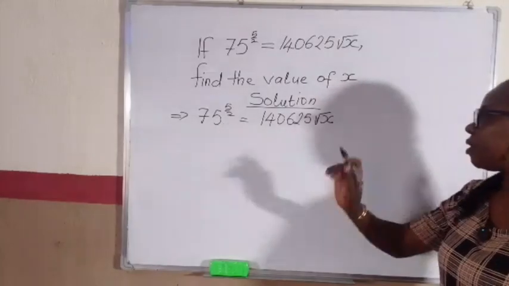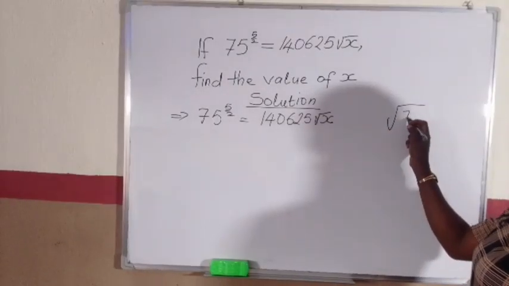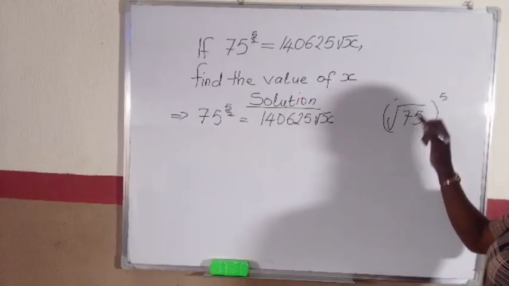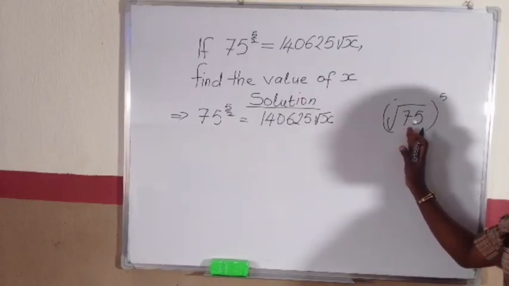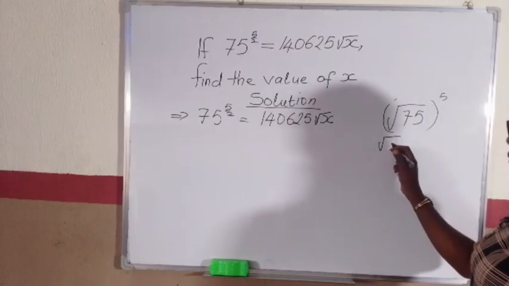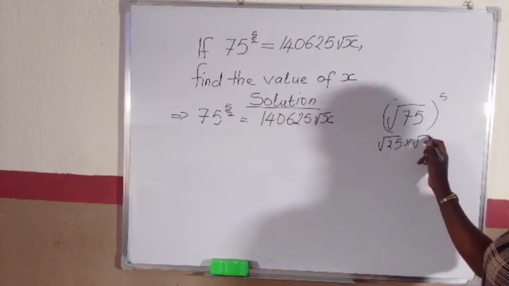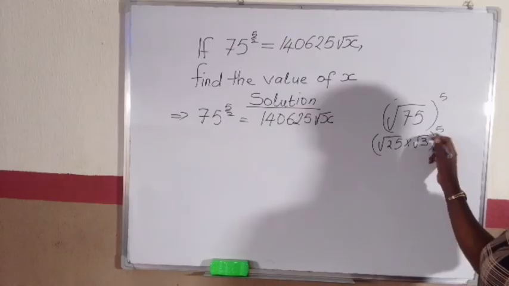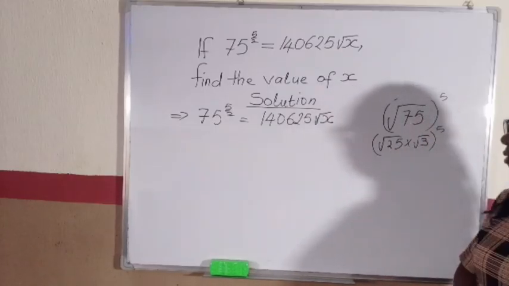you can rewrite 75 raised to the power 5 over 2 as square root of 75 all raised to the power 5. Now factorize 75 such that you can have a perfect square. So this will now give us square root of 25 times square root of 3 all raised to the power 5, because 25 times 3 gives 75.